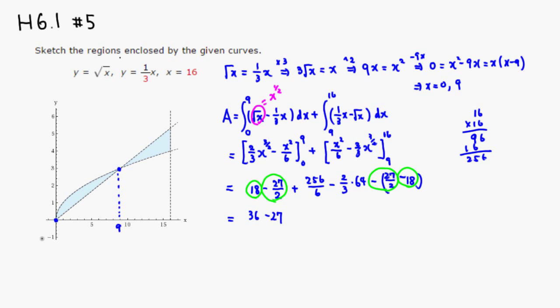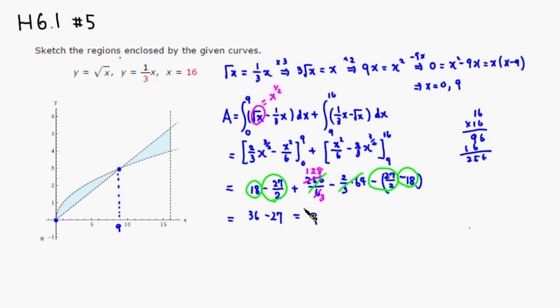Then we can cancel, and you have another 128 over 3. Luckily we can cancel this and that. So this is going to be equal to 9.